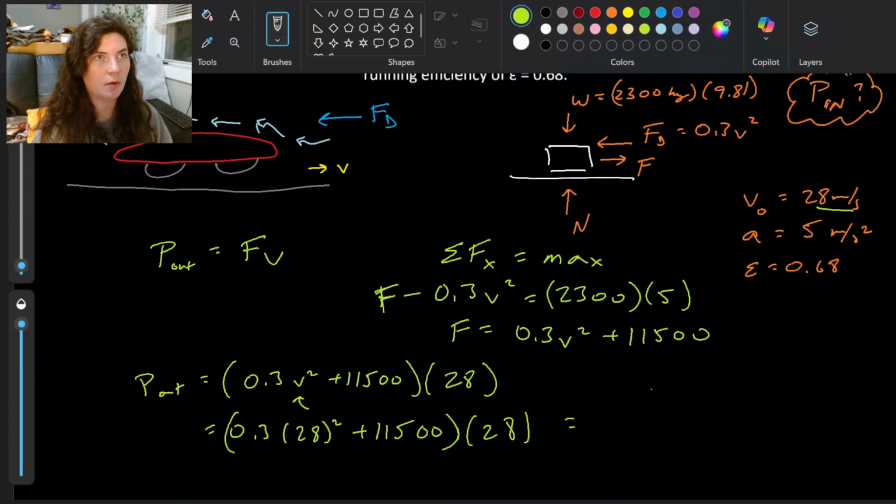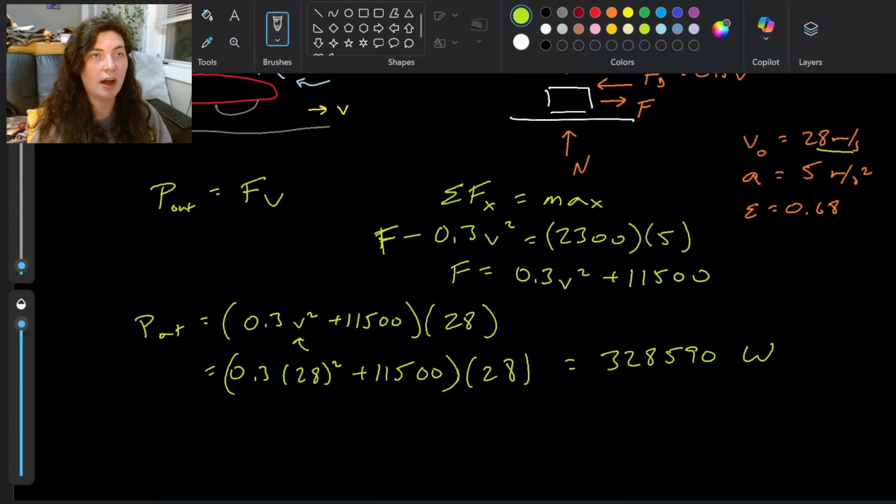That gives me a power output of 328,590 watts. Everything I had converted into standard SI units, which means the units I get out are going to be watts.